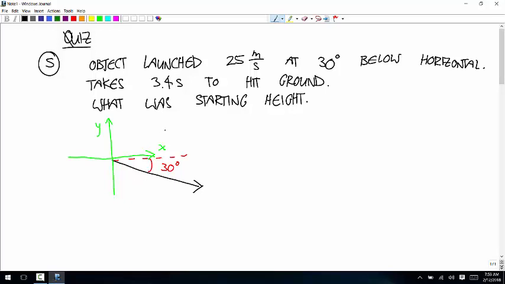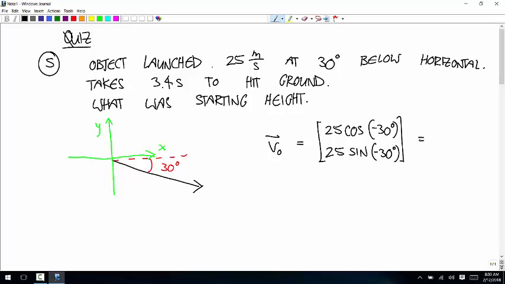It has a length of 25. So that initial velocity vector is 25 times cosine. You can do negative 30 or 330. So that gives you 21.65, negative 12.5.